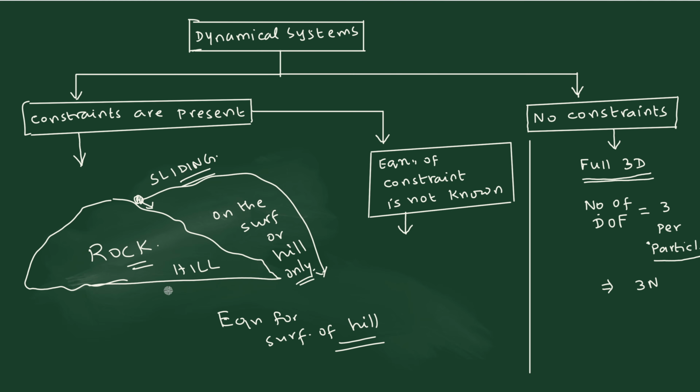It doesn't fit into a simple standard equation of a plane, parabola, hyperbola, or some kind of standard surface in mathematics. Nothing will fit into this. Therefore, the equation of the surface is complicated, which we do not know. In that particular case, we come into the scenario written in this box. You read this: the equation of the constraint is not known. So this is a physical problem which comes under this category.